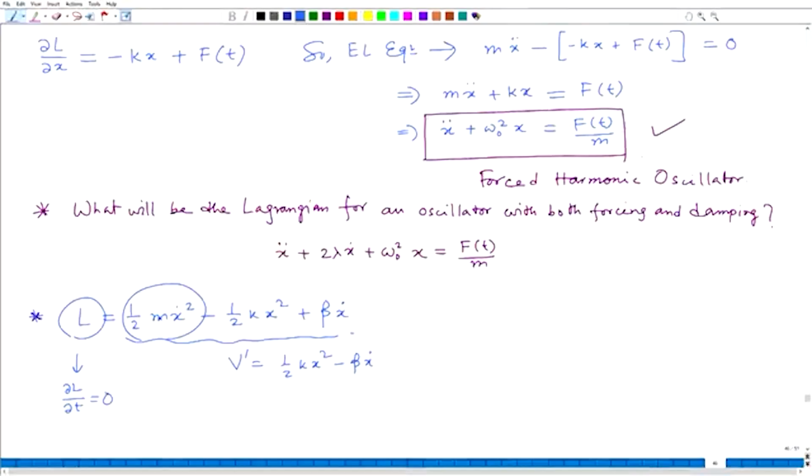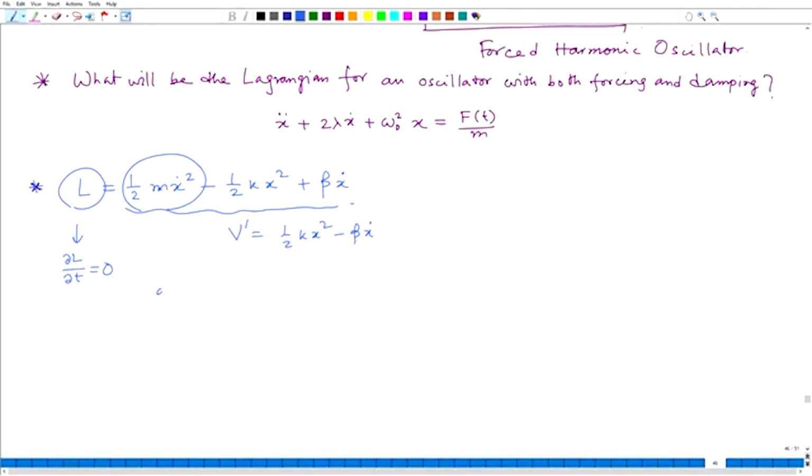Again the solution is to solve the Euler-Lagrange equation. Whenever you have a problem, confusion, doubt, you solve the Euler-Lagrange equation instead of concluding immediately. Now, what will be del L del x dot? It will be m x dot plus beta, because there is a term containing x dot which is linear in x dot. Now, what will be d dt of del L del x dot?